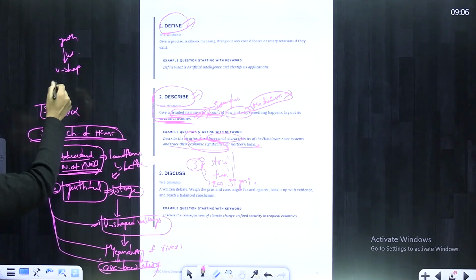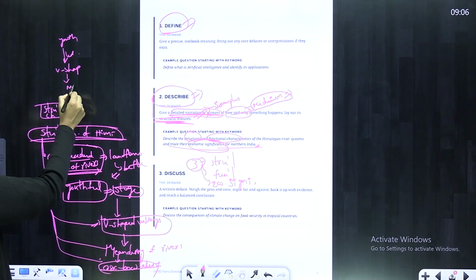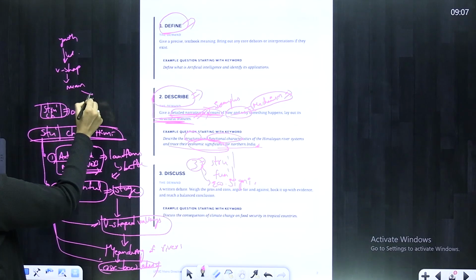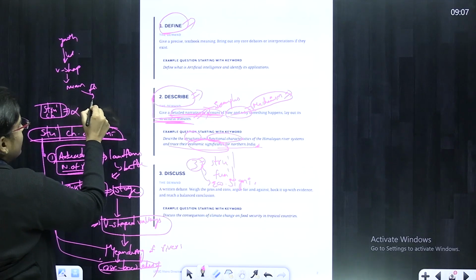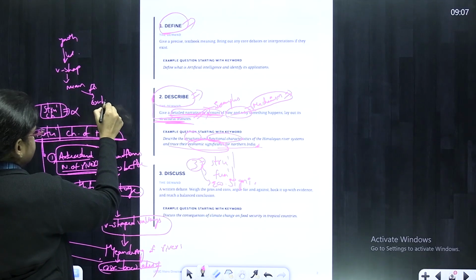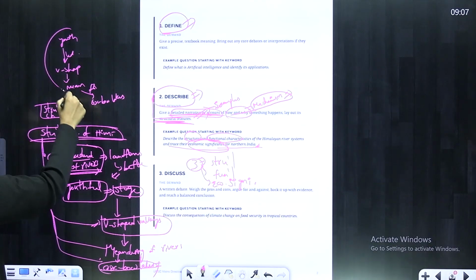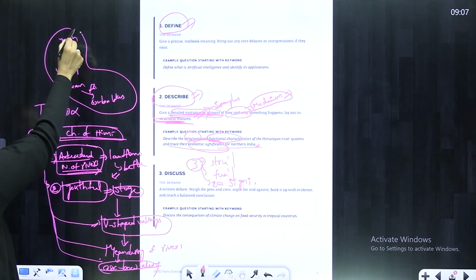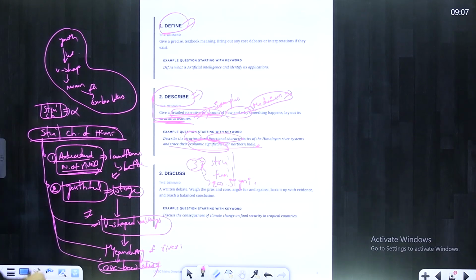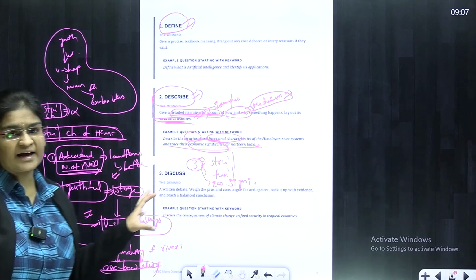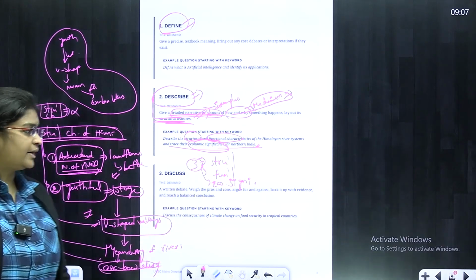This resulted in the meandering of rivers, which led to the formation of the oxbow lakes. So this is how you must link one point to another point in a cyclic format. This is how you must explain the structural characteristics of the Himalayan rivers.